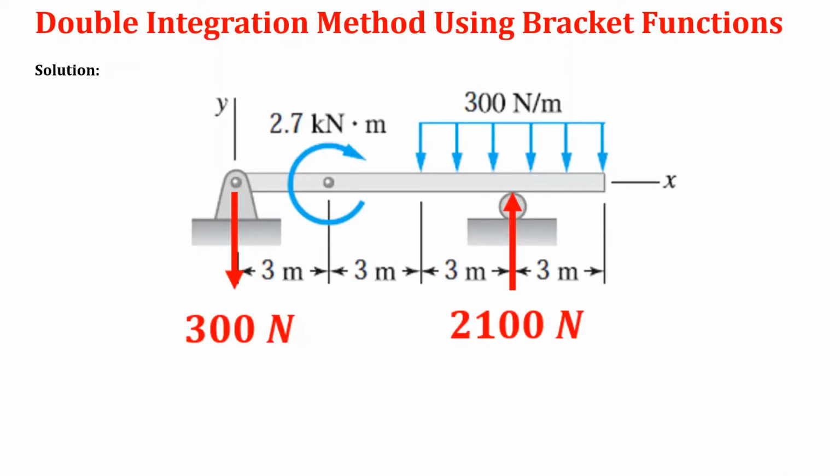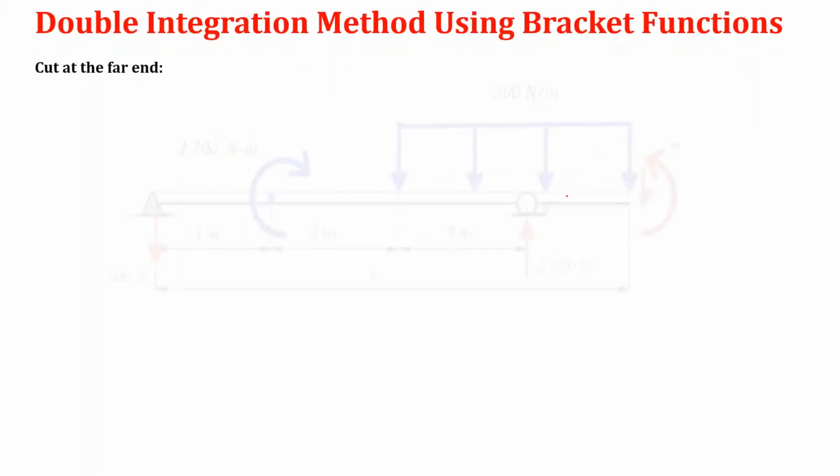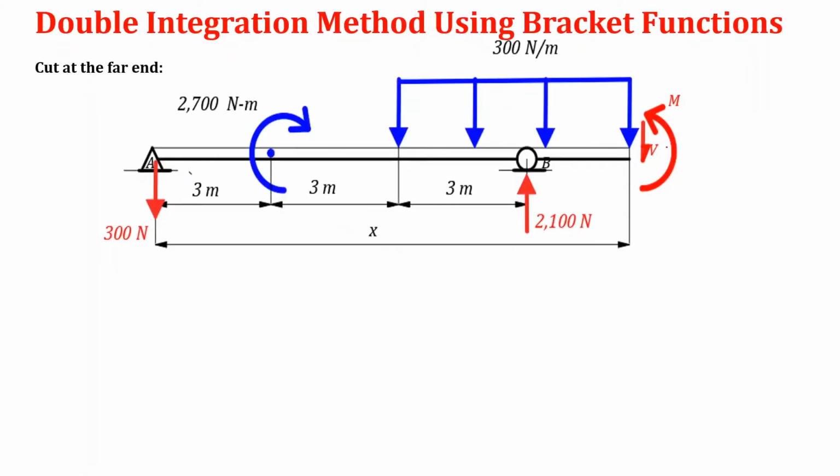Kung left to right ta atong pagtan-aw, ang far end na to is dito. So, kung i-cut na to na, mo ni ang itsura. Kay moment equation man atong kailangan, so mag-moment ta about sa cut para makuha ang moment equation.